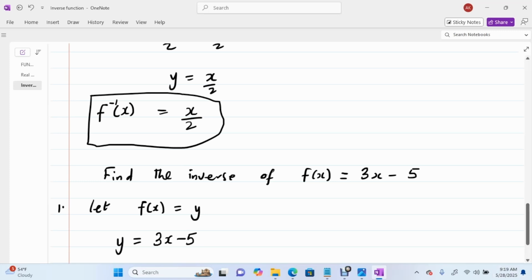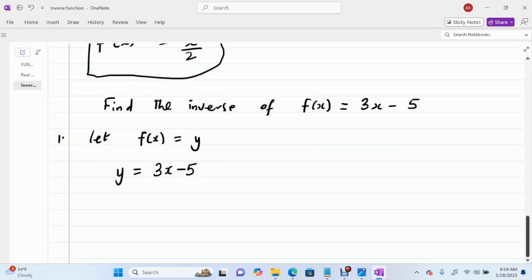And the second stage, we said we interchange x and y, or you swap x and y. That gives x is equal to 3y minus 5.